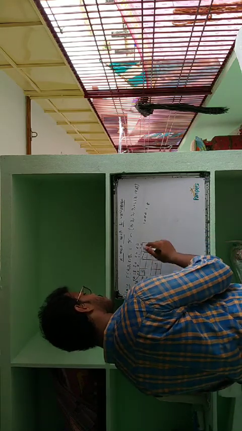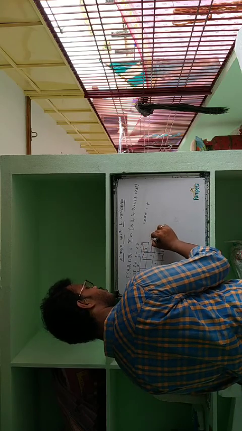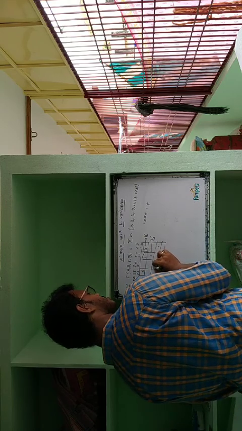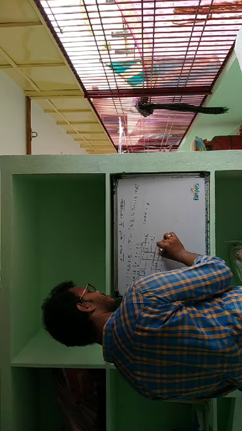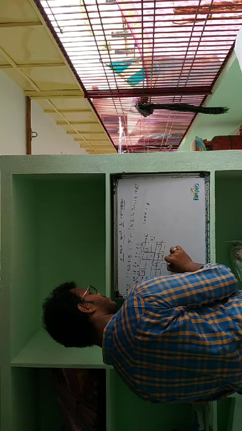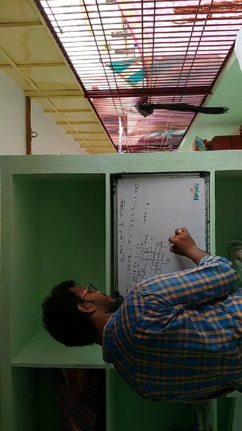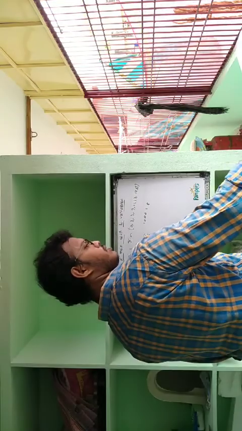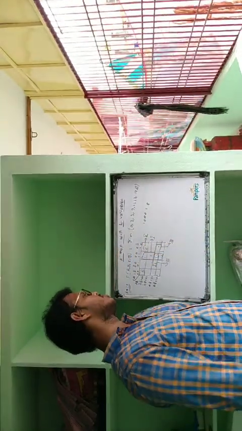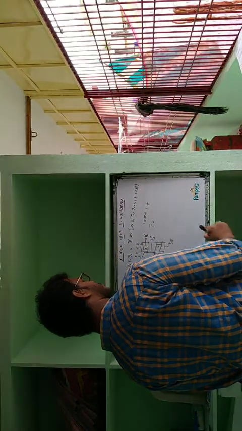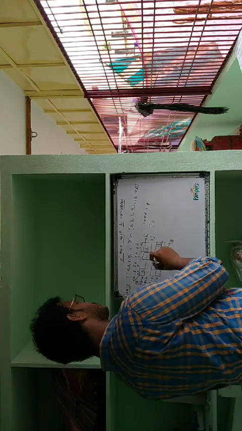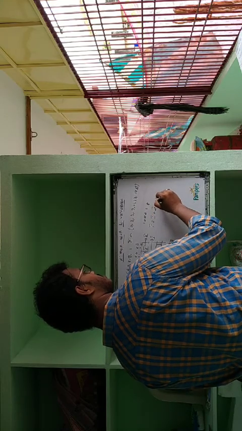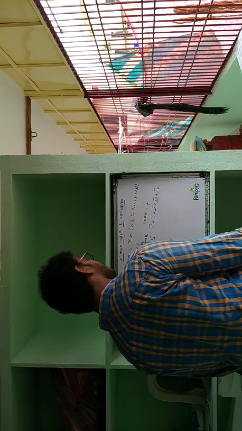Name it as 1, 2, 3, 4. Okay, so we have to write the function. First 1 plus 2 plus 3 plus 4.